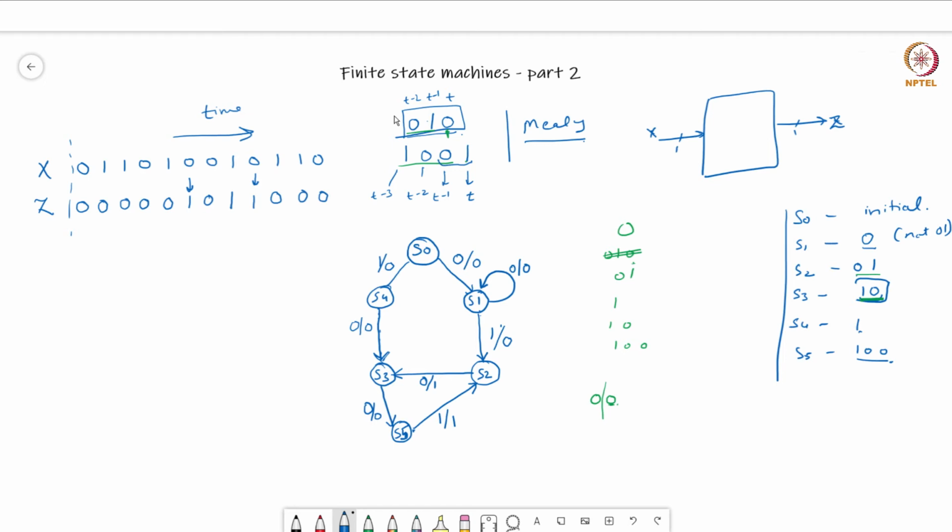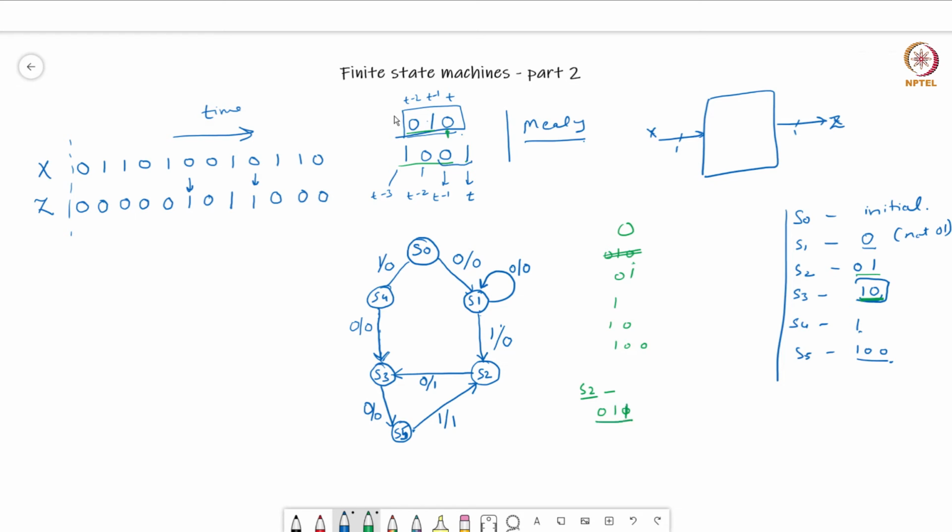Now let's look at the S2 state. At S2, we know that if input is 0, then it will go to S3. But what would happen if the input is 1? At S2, the sequence it becomes is 0 1 1.